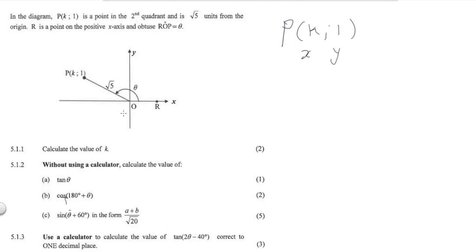What that means is the radius, or the hypotenuse, is square root 5. So we can say r is square root 5.